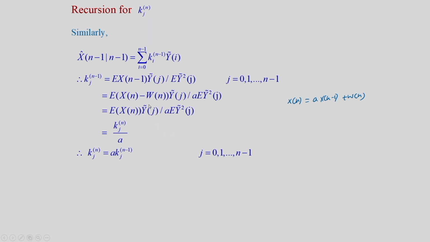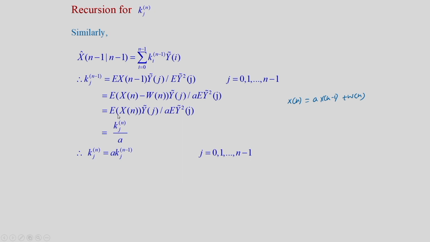So, we will get this relationship: kj n minus 1 is equal to E of xn minus wn into y tilde j divided by a times E of y tilde j square. Now, wn is independent of y tilde j, because this involves data up to n minus 1, j going from 0 to n minus 1, but wn is the noise at instant n, therefore it is uncorrelated with all previous data, therefore this term will become 0.